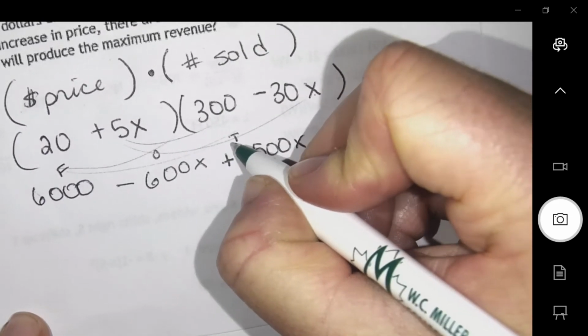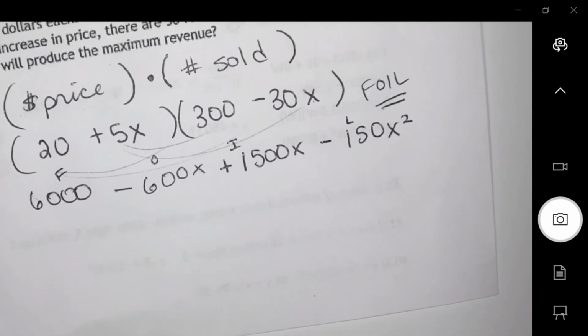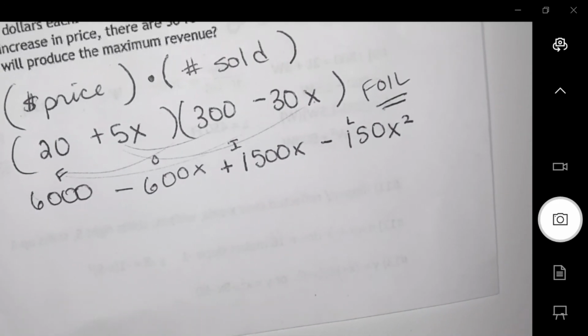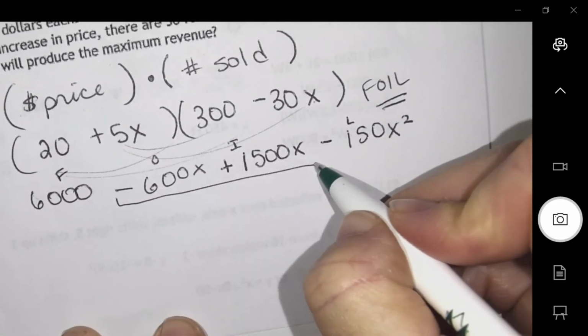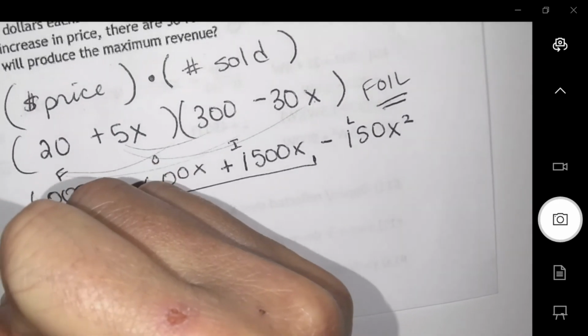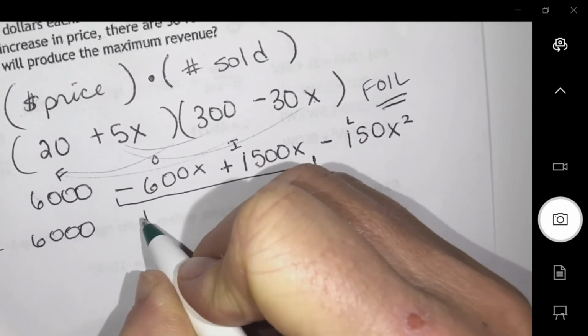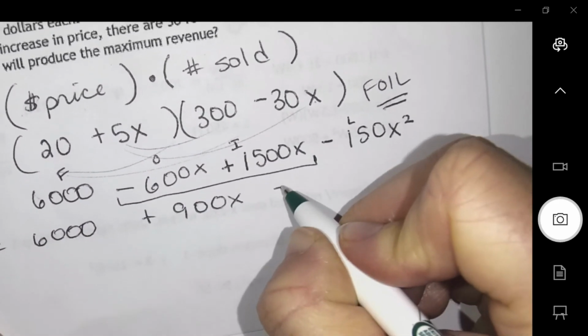Everyone's seen my numbers here? I did the F, the O, the I, and the L number. Okay, I can now put these two terms together. What is that, 900? Yeah.